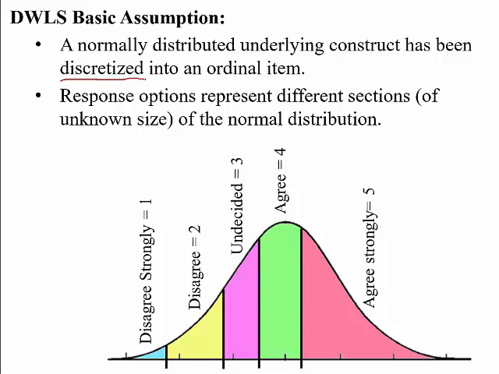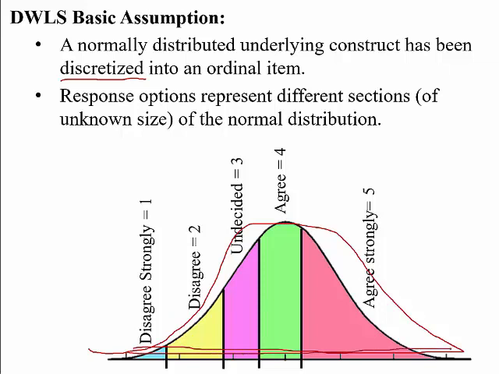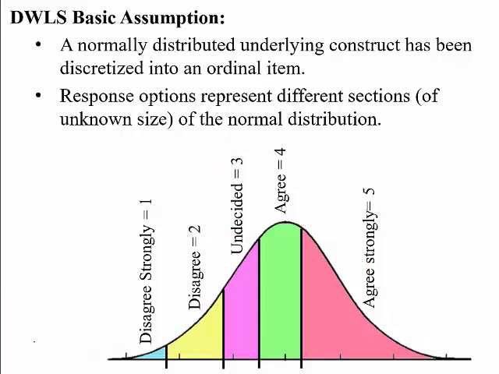Discretized means to take something that's continuous and chop it up into discrete categories. If I have a continuously distributed item with an infinite number of levels at which you can like potatoes, and I chop it into discrete, or ordinal, categories, in this case 1, 2, 3, 4, or 5, I'm discretizing that item. I've taken something continuous and discretized it into an ordinal item. When we do diagonally weighted least squares, the basic assumption is that that's what has happened.